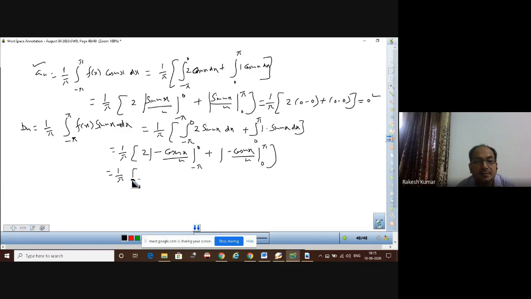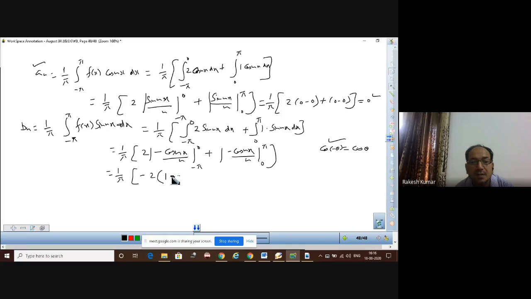Now you can substitute the limits. Sorry, this is minus 2. When you substitute the upper limit, cos 0 comes out to be 1. This minus is taken over here, and then cos of n times minus pi. You know that cos of minus theta is always cos of theta, or cos is an even function.